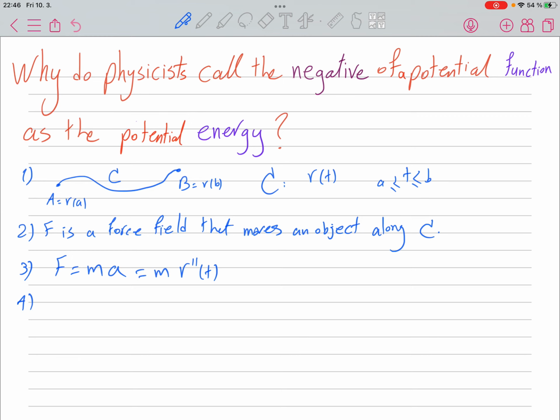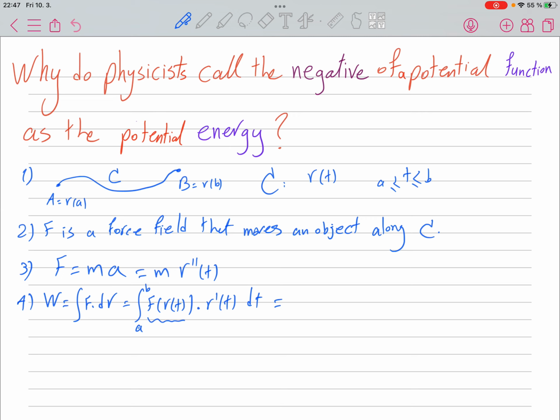Now, let's compute the work done by F. So we denote it by W. W is equal to the integral of F dot dr, and by definition this is the integral of F of R of t dot product R prime of t dt, t from a to b, right?